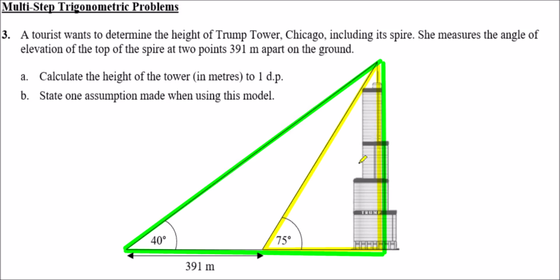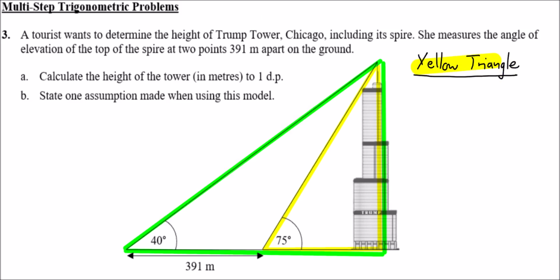Got a yellow triangle here, the smaller one, 75-degree angle, and a bigger green one, which is the whole thing, which has a 40-degree angle. And so if we just think about the yellow triangle for a second, so we want to find the height of this tower.